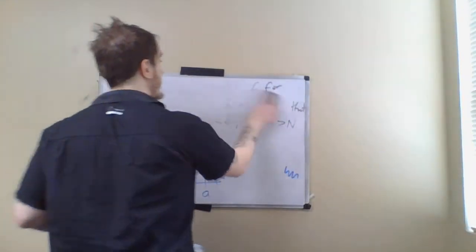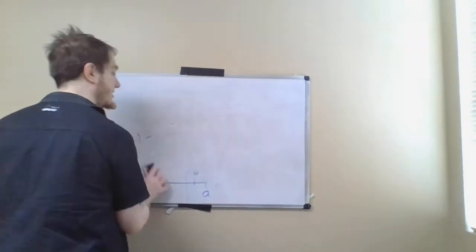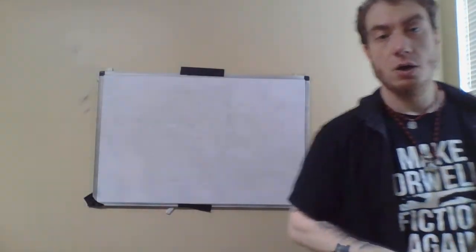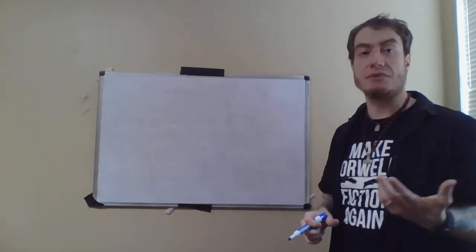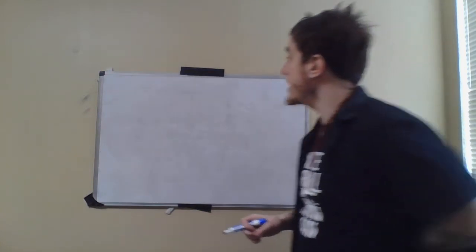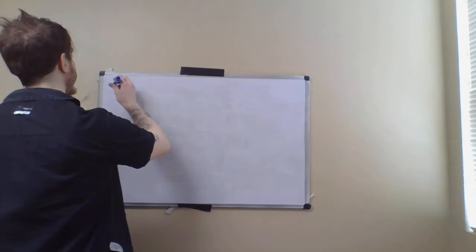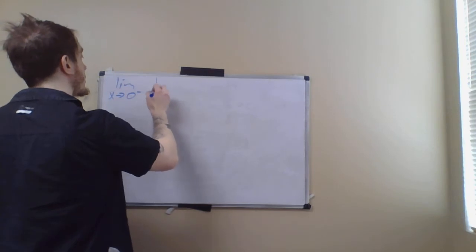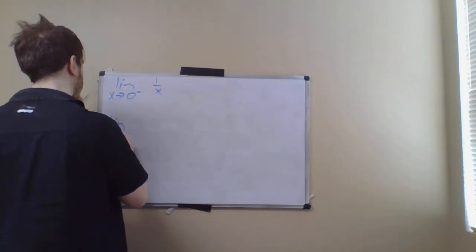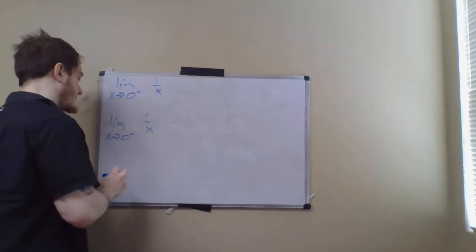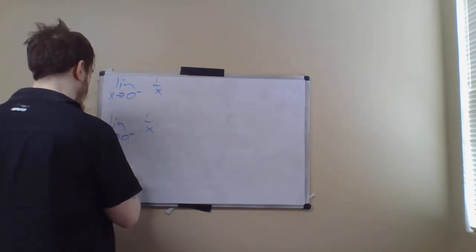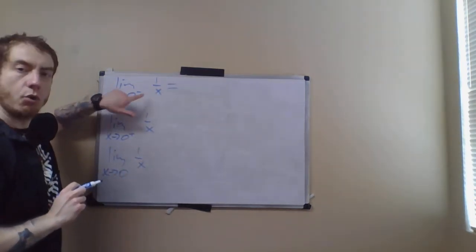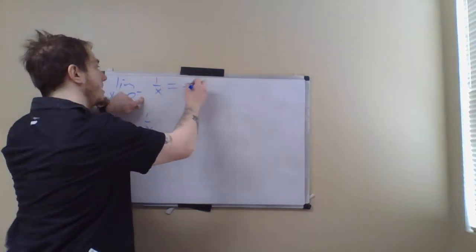Now, how do you figure out whether something is blowing up positively or negatively? Normally you just figure out what is going on with the sign of the function near that point. So if I want to analyze the limit as x approaches 0 from the left of 1 over x, versus the limit as x approaches 0 from the right of 1 over x, and the limit as x approaches 0 of 1 over x, well, for x smaller than 0, 1 over x is negative, so this must be blowing up to negative infinity.